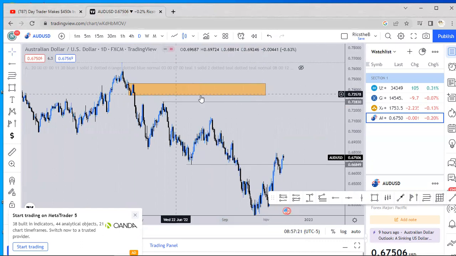What do I mean by a fresh supply area? Again, this will come under demand and supply. This simply means this is a supply area that has not been mitigated. And by mitigation, I mean price never came to that zone again. So this is a fresh supply area which could potentially be mitigated in future.